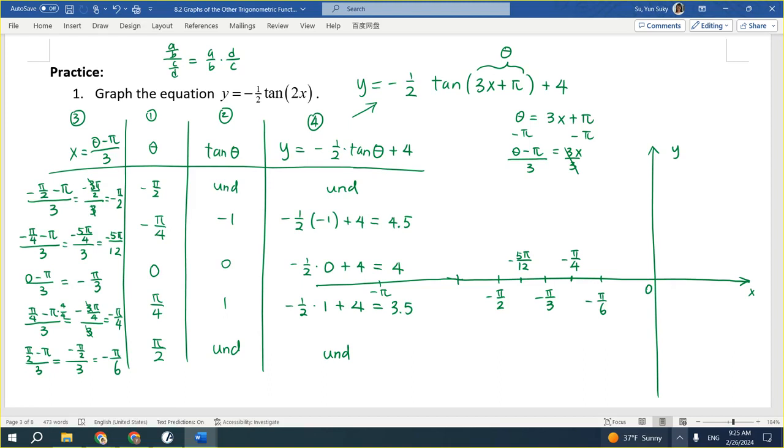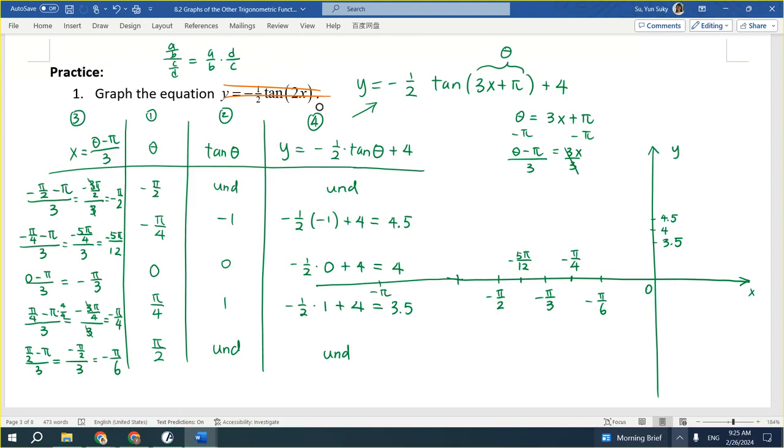Okay, everybody, we get all the x values. Now look at the y values. They are around 4 here. If this is 4, let's put this as 4.5, and let's put this as 3.5. We are ready to draw the graph. By the way, we're doing a different problem, not the old problem. This is a harder problem. So let's plot.